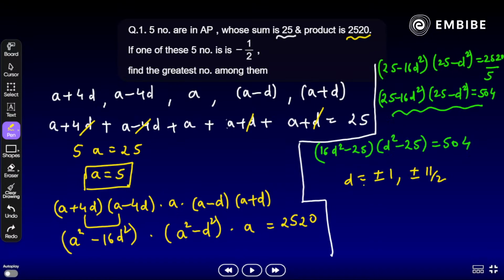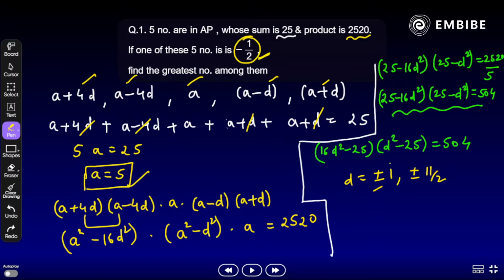So which one do we have to consider? We have a as well as d here. Now if we substitute 1 or minus 1, can we get any one term as minus half? If you put the value of d as plus 1 or minus 1, do you get any one of these 5 terms as minus 1/2? Yes or no? Take your time, all of you. So easy and simple.